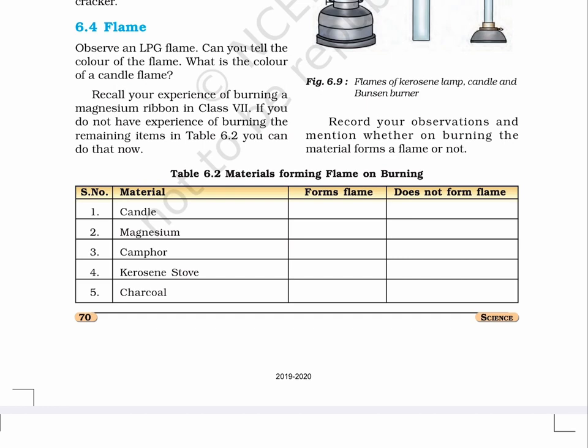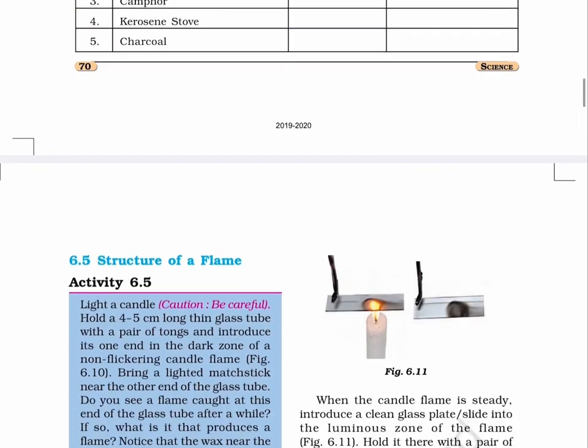First one being candle, then magnesium, then camphor, followed by kerosene stove, and finally charcoal. Now, complete the table in your notebook by giving correct answers in the forms flame and does not form flame column. Page 71.